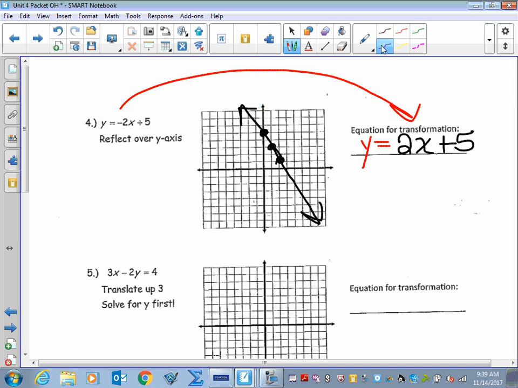I'm going to start at positive 5 again. And this time I can do a double negative and go down, but to the right 1. Could also go up to the right and actually down and to the left. That's what I meant to say. Okay, graph that. And there's your reflecting over the y.